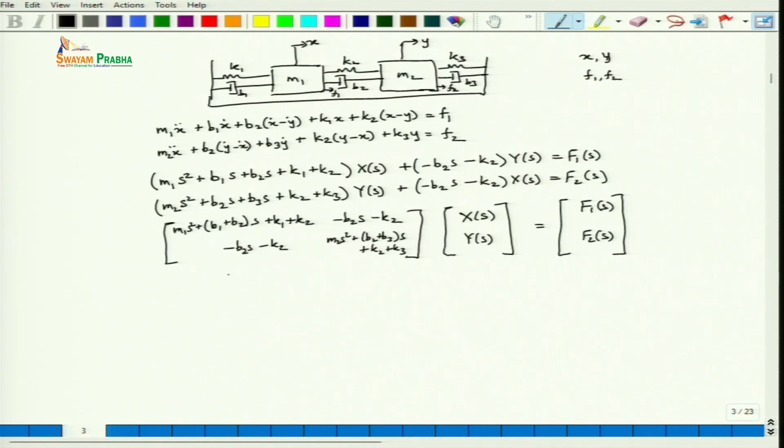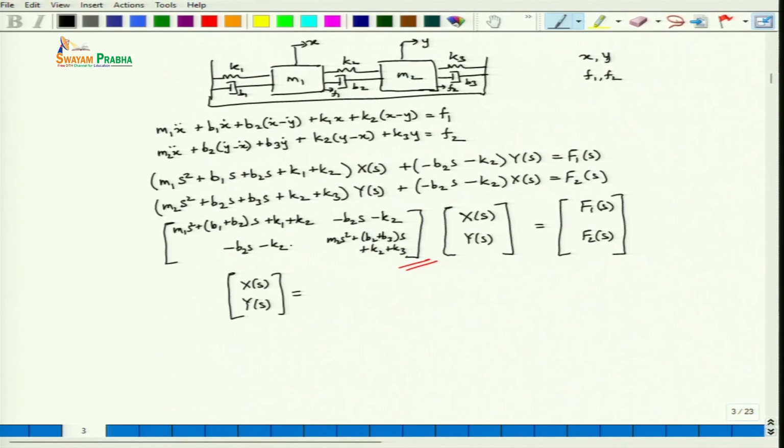Once we have this, we can find x of s and y of s. We will basically be inverting this particular matrix.